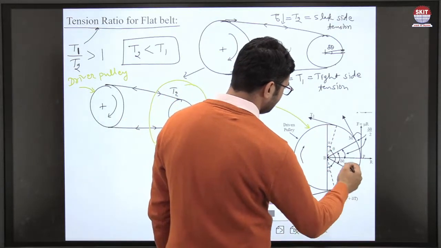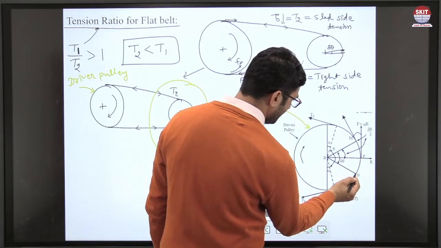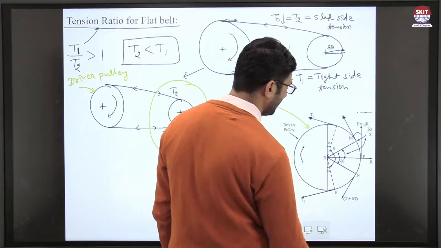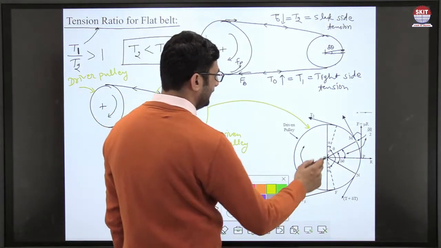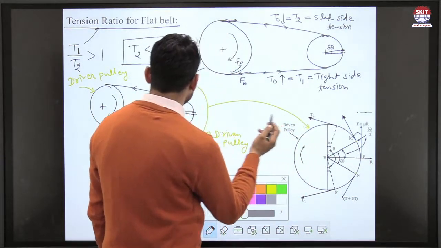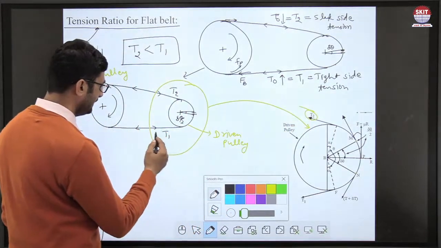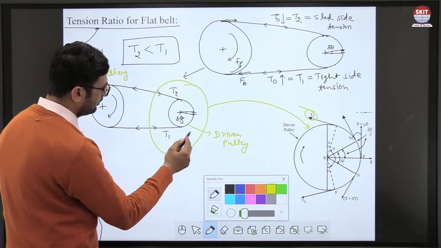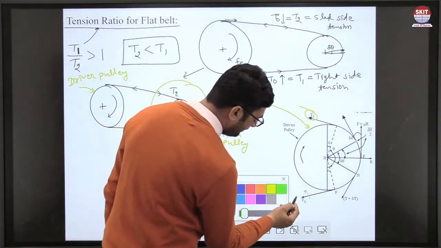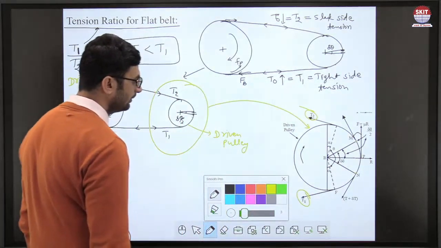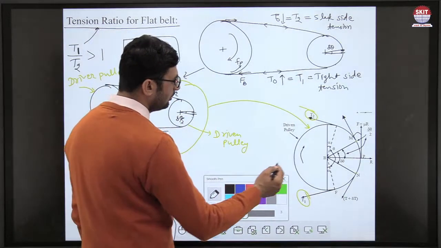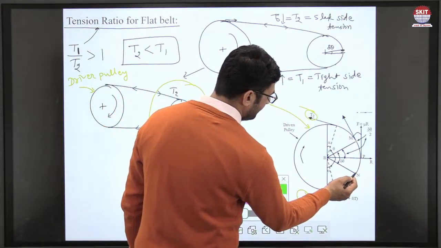We take the small portion m to n of the belt, and this side tension is T2. This side tension of the driven pulley is T1, which is given here, and we take the small portion m to n.